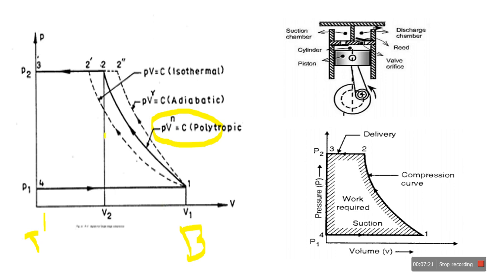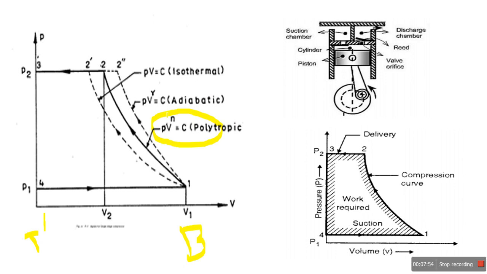If we see the area under the PV diagram, minimum area is required for isothermal compression, and more area is required for adiabatic compression, that is PV^gamma = C. Our attempt to achieve lies either near isothermal or near adiabatic. In adiabatic compression, the heat developed inside the cylinder is protected by insulation. So our main purpose is to achieve the nearest to isothermal.